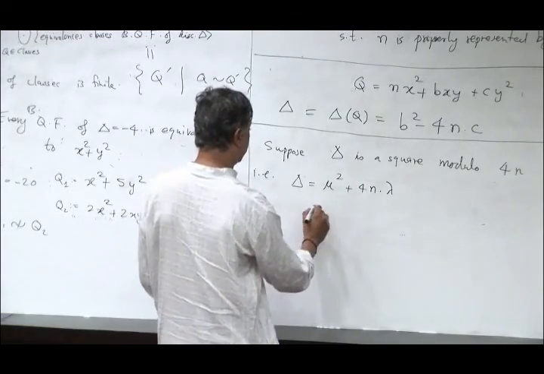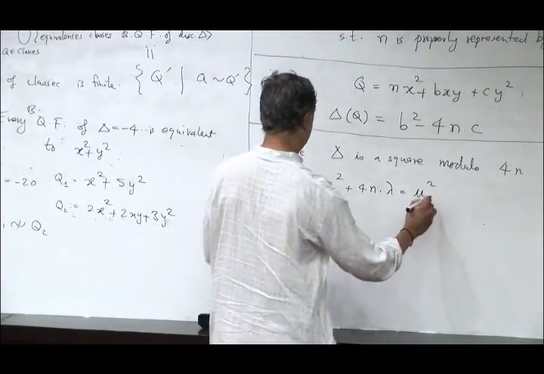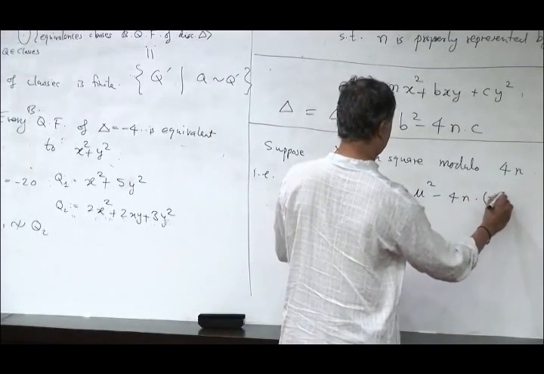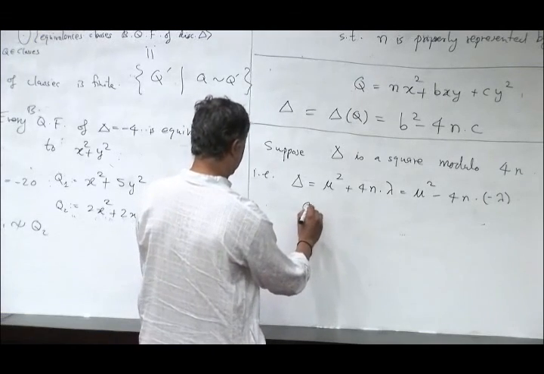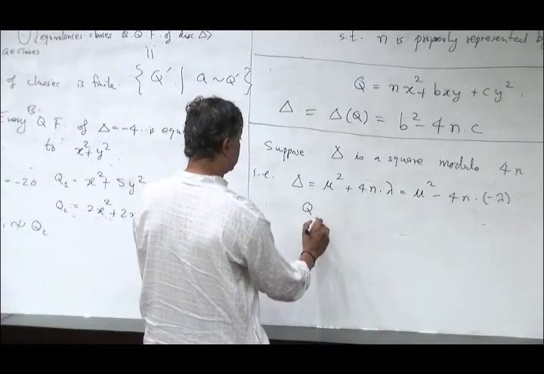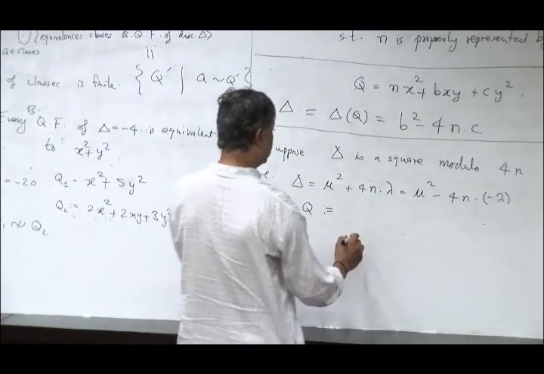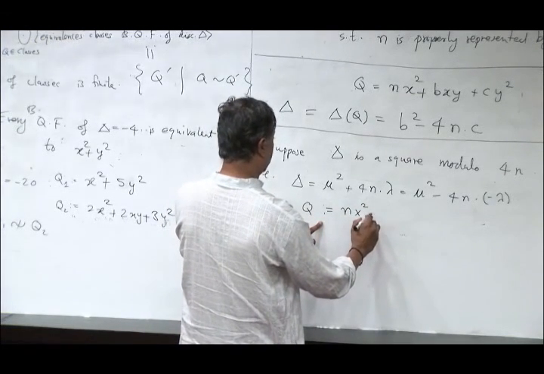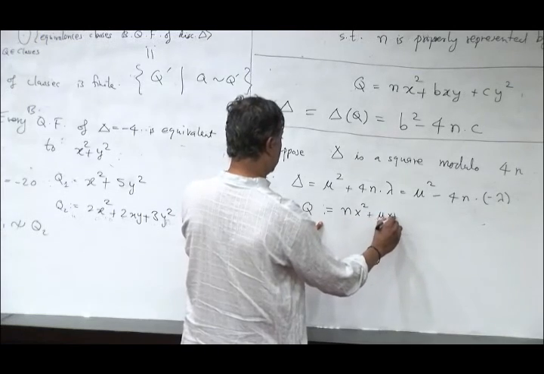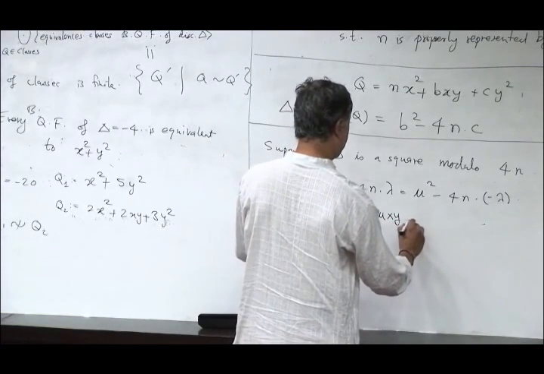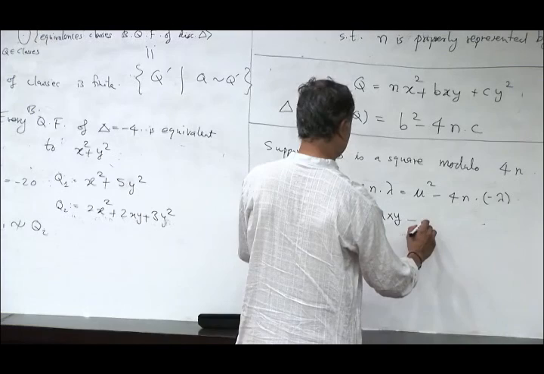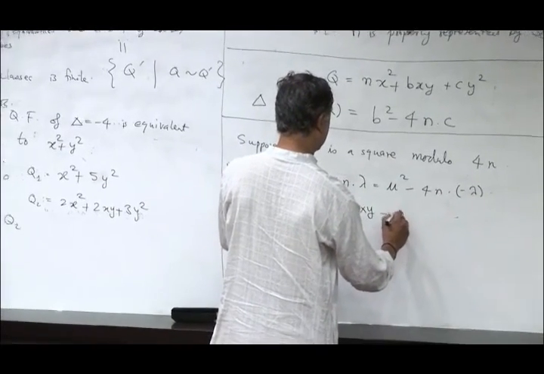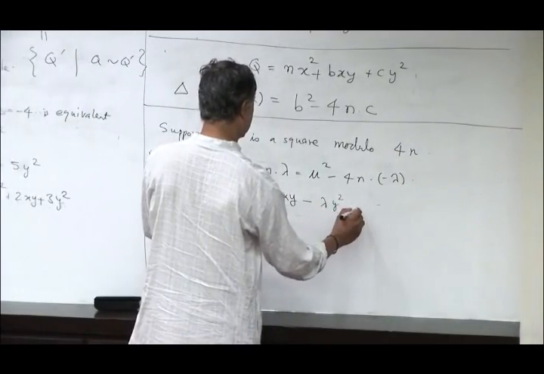Well, this is equal to mu square minus 4n times minus lambda. So now what I do is I consider Q, I define it like this. I take it to be n x square plus mu xy minus, what is it I want? I want n is there, minus lambda y square. I guess this is what I want.